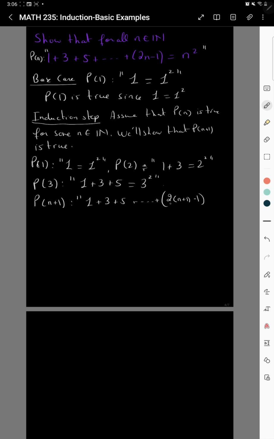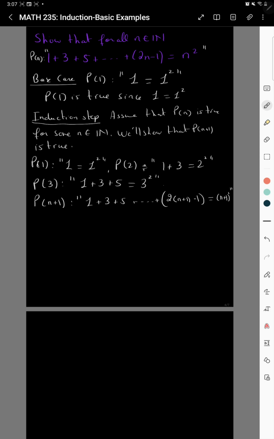So I still distribute the 2 for the plus 1. Then on the other side, I have n plus 1 squared. This is a very important part, not to just say that it's 2n plus 1 minus 1. This is not true. Notice that I have to replace the n by n plus 1. So the n plus 1 will also get multiplied by 2.